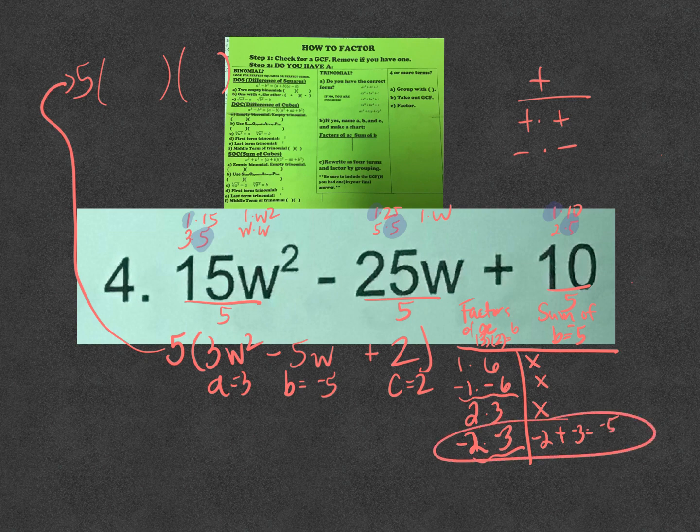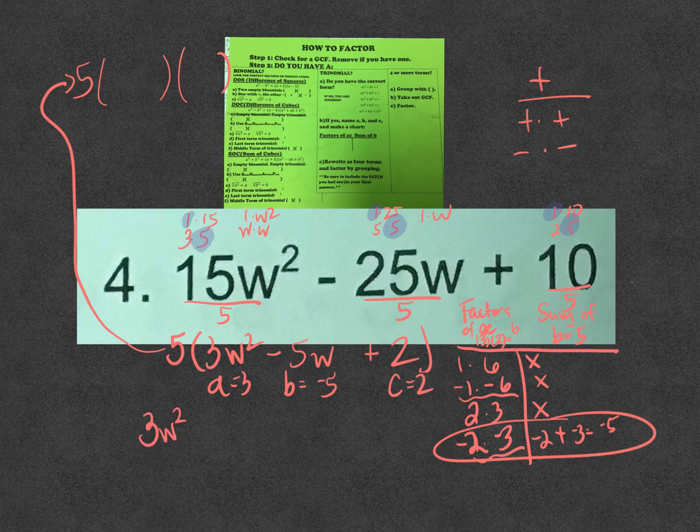Okay, so I am going to replace negative 5w with negative 2w and negative 3w. I am going to keep the first one the same, 3w squared.